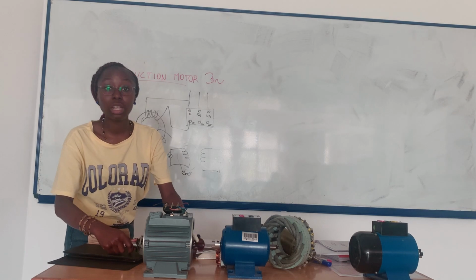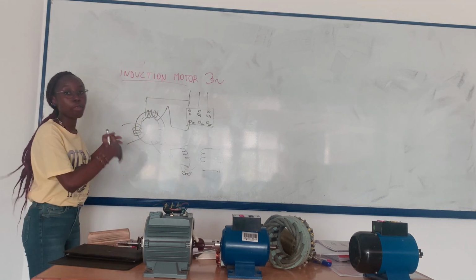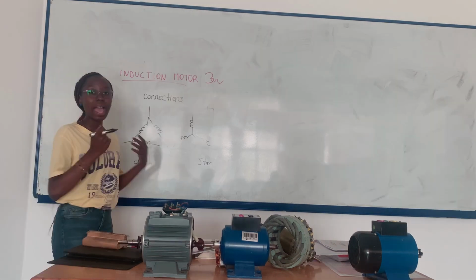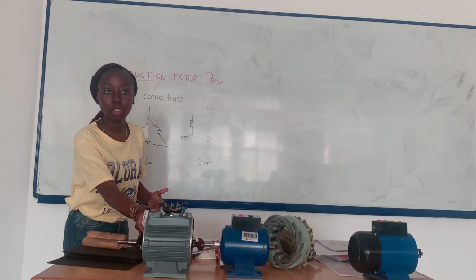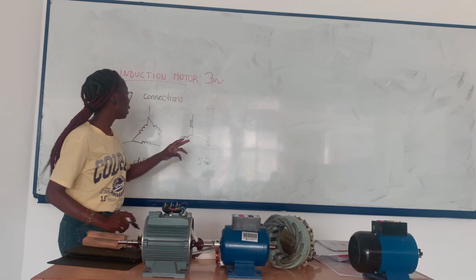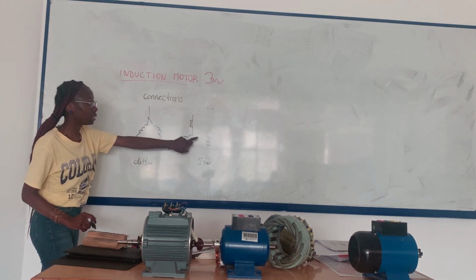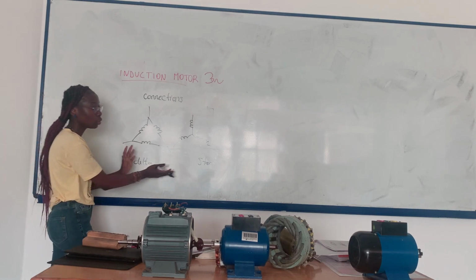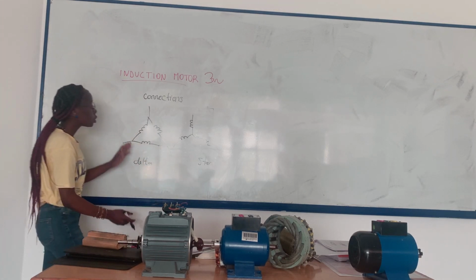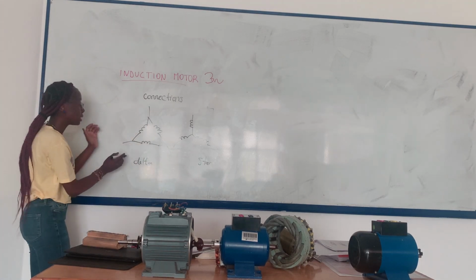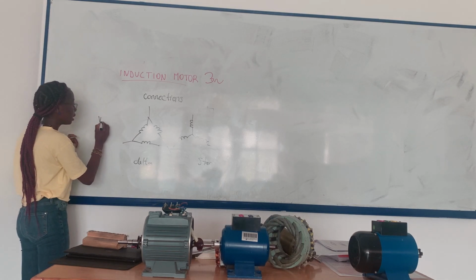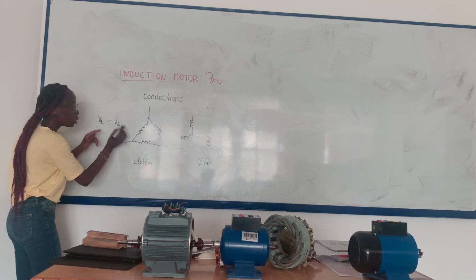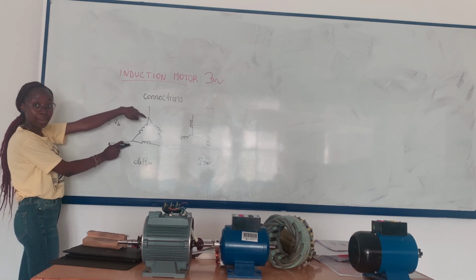So now I'm going to talk about the types of connection inside an induction motor with 3 phases. As we know, in our induction motor we have 3 bobines. So here I represent the 3 bobines with different connections. We have delta connection, we also have star connection. With delta connection, we know that the line voltage is equal to the voltage of the bobine, it is the same.